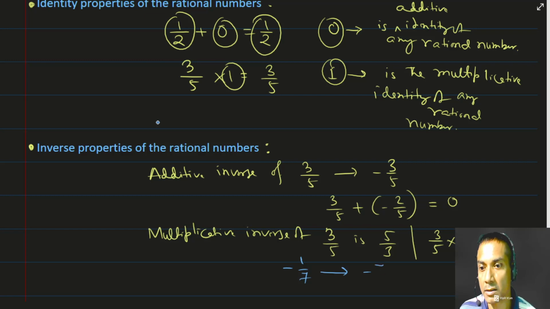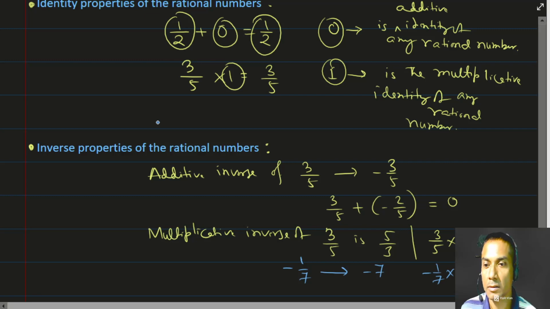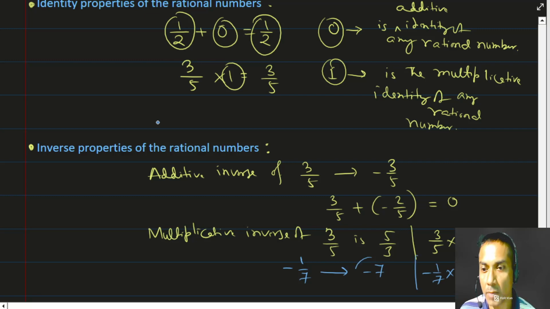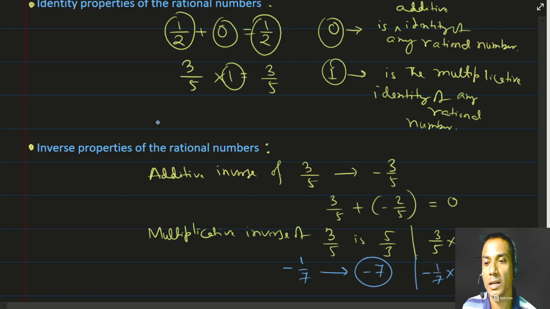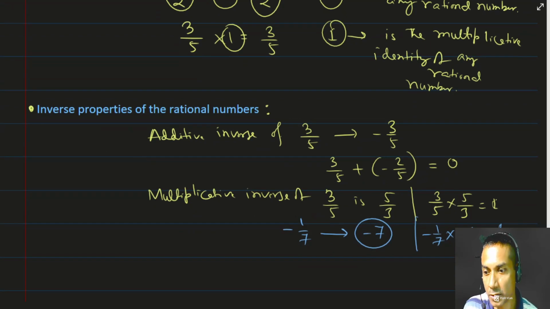So it is minus 7. Why? Again, if we multiply minus 1 by 7 into minus 7, we get result 1. So minus 7 is the multiplicative inverse of minus 1 by 7. Hope it is clear to everyone.